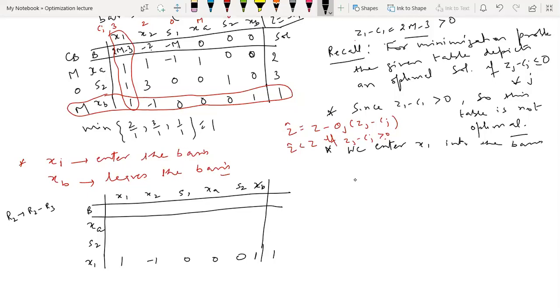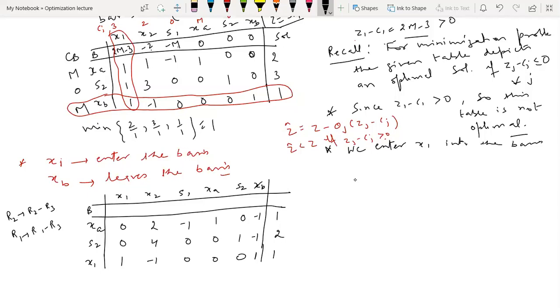So I'm getting here 0, 4, 0, 0, 1, minus 1, and 3 minus 1, 2. Similarly, for first row, row 1 minus row 3. So it is again 0, 2, minus 1, 1, 0, minus 1, and 2 minus 1 is 1.